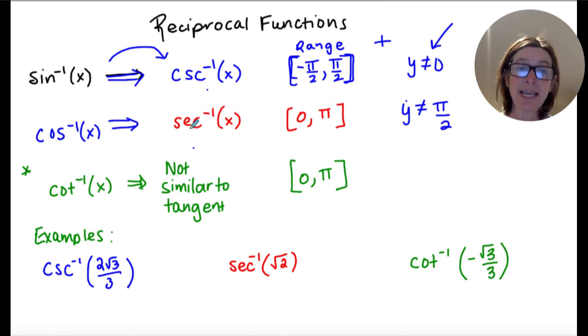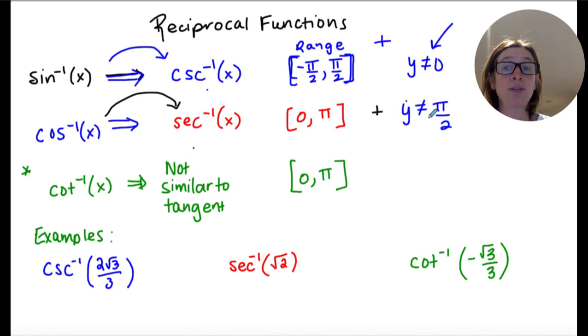Secant is related to cosine, so again the same range, 0 to pi. But in this case, we have to add that y cannot equal pi over 2, because it's going to have an undefined value there.